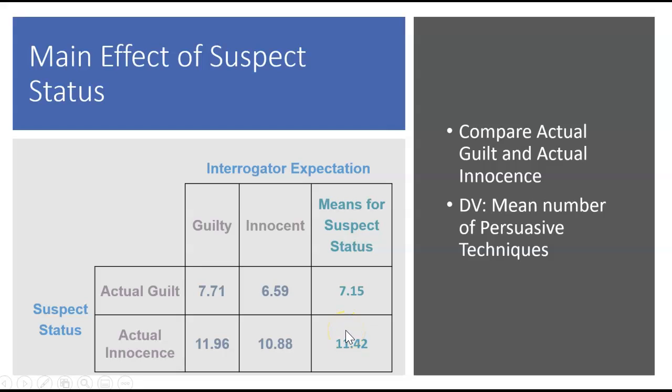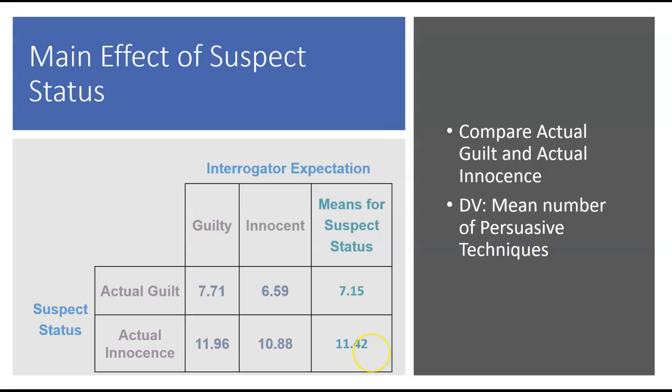Now, if we look at the main effect for suspect status, that's over here, you're collapsing across interrogator expectations, and we look at these means in the light green. And the DV we're looking at in this example is the mean number of persuasive techniques when you have actual innocence on the part of the suspect. So this is the person who's playing the role of someone who's actually innocent.